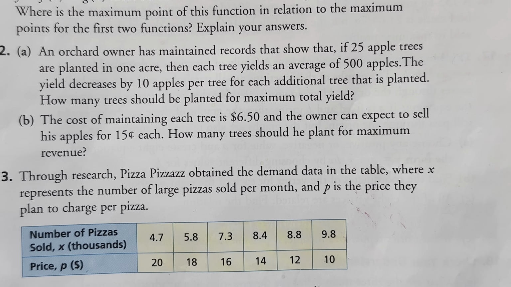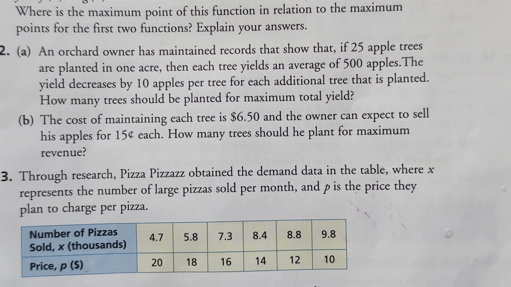So the amount of money you get by selling the apples is called revenue. Revenue is just income. In other words, the income before you subtract any expenses. The maintaining cost is the expense. Before you subtract the expense, the income is called the revenue.